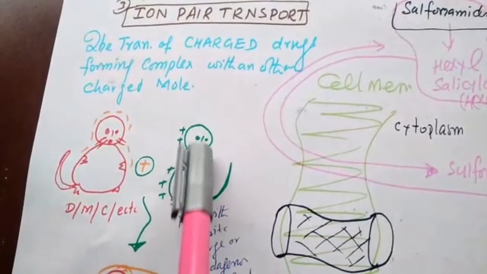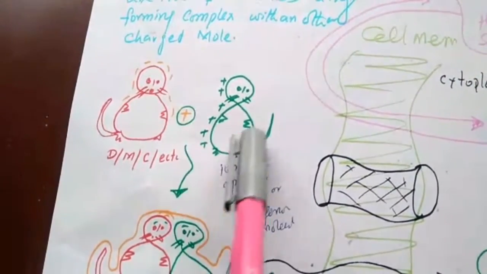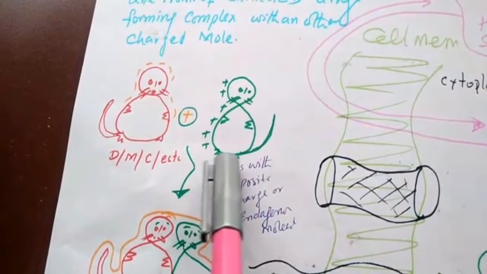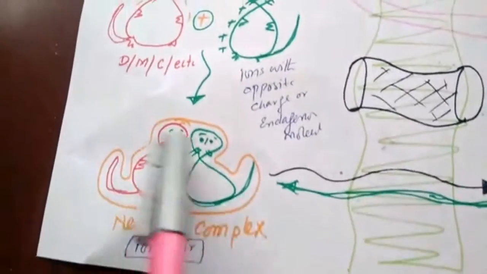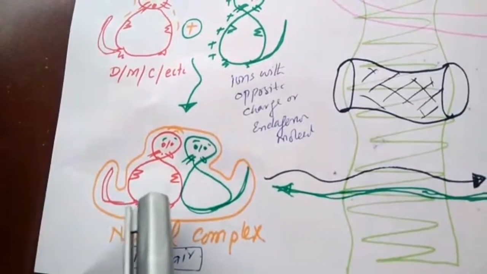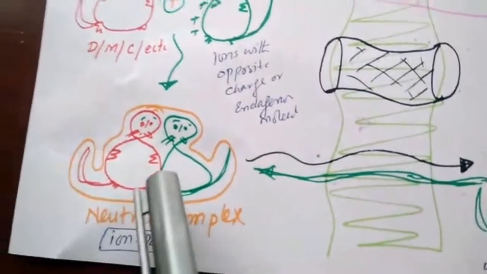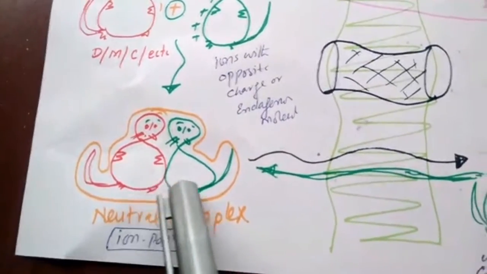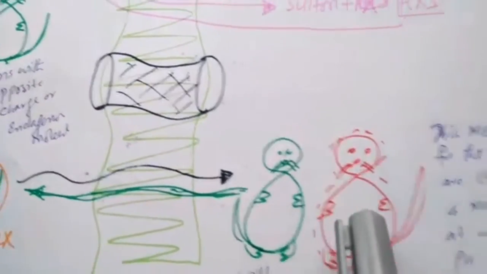Let's suppose this is a drug with negative charge, and this is the charged molecule with positive charge, and the negative and positive form a neutral complex. Now, if this neutral complex has an appropriate partition coefficient, it will easily cross the cell membrane.